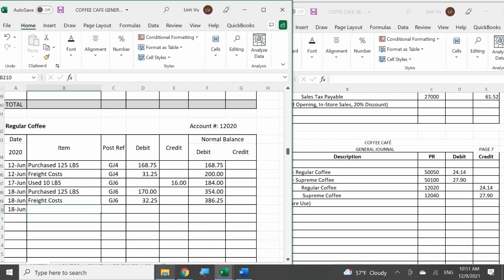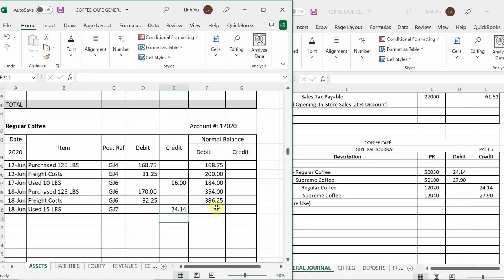We used 15 pounds, general journal number 7, for $24.14.